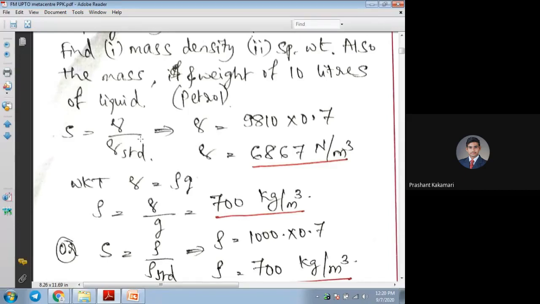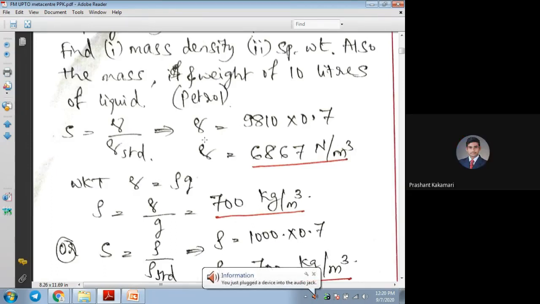I'll write S equal to mass density by mass density of water. Here we know the mass density for water. How much is the mass density? 1000 kg per meter cube.